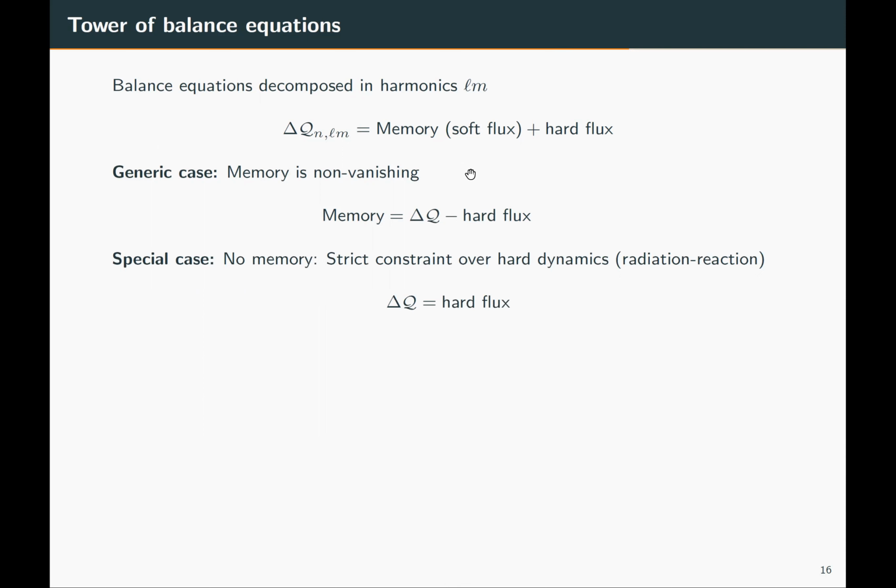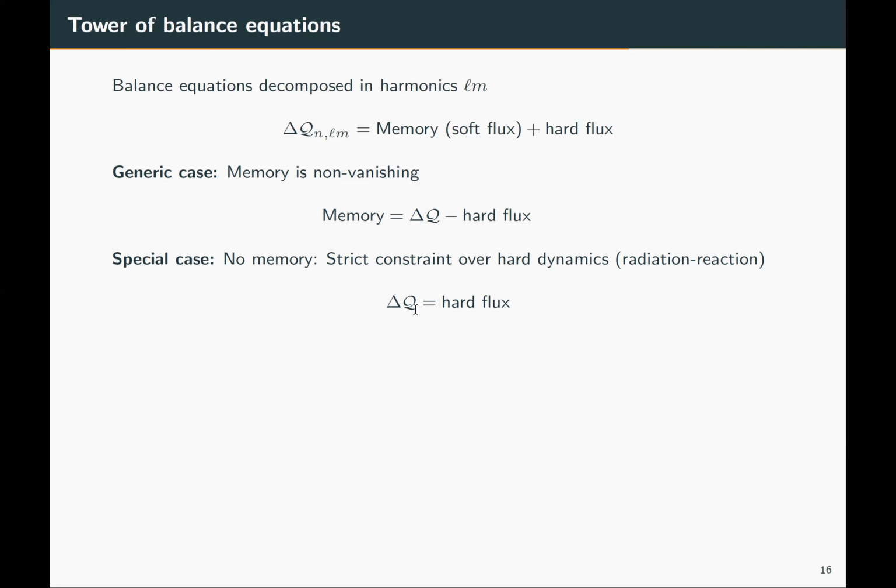And the reason is that, as you remember, I had these spherical operators acting on the news tensor in the linear term. Those spherical operators kill certain harmonic modes, LM. For these modes, there is no memory, and therefore the equation looks like this.